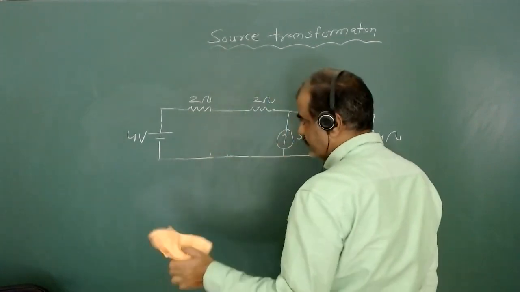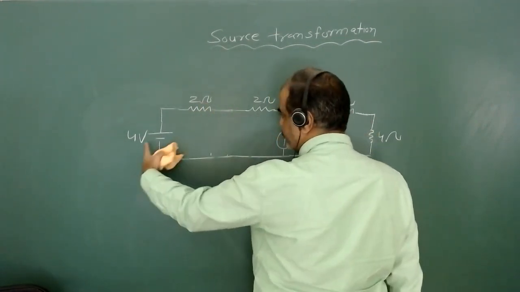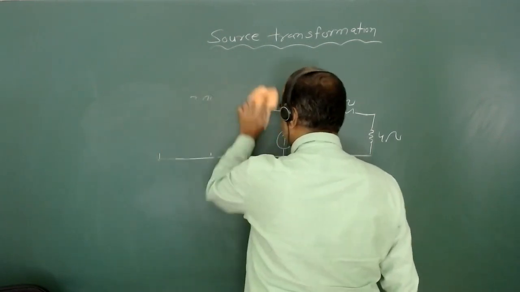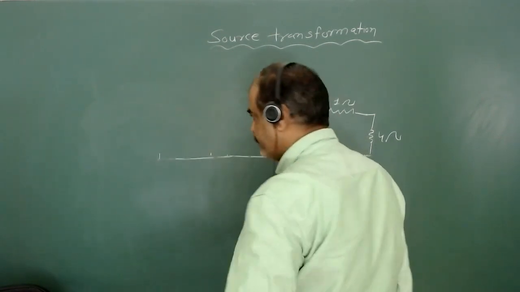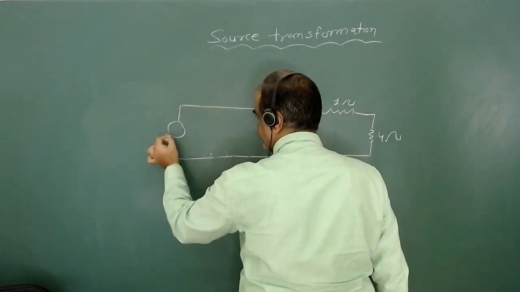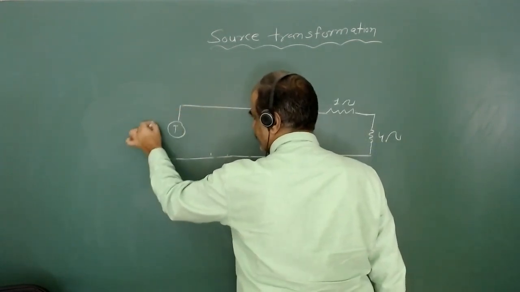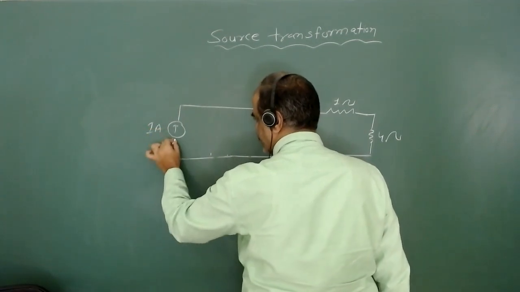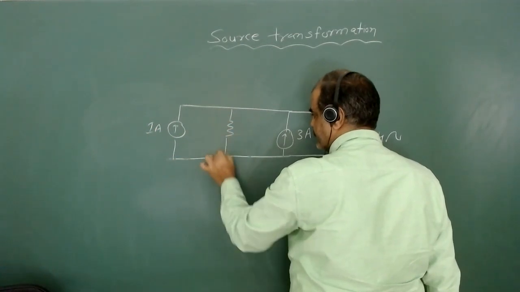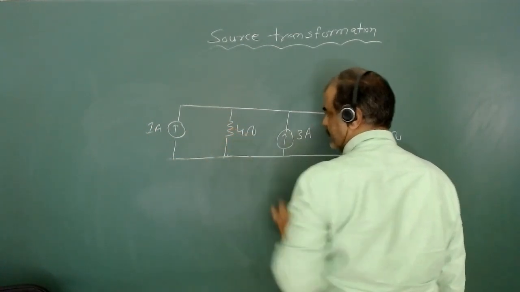Now 4 by 4 gives a 1 ampere current source. So this will simplify to a 1 ampere current source, and parallel to it I have this 4 ohm resistance.